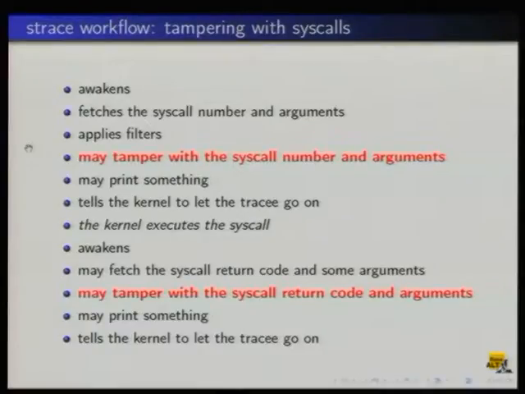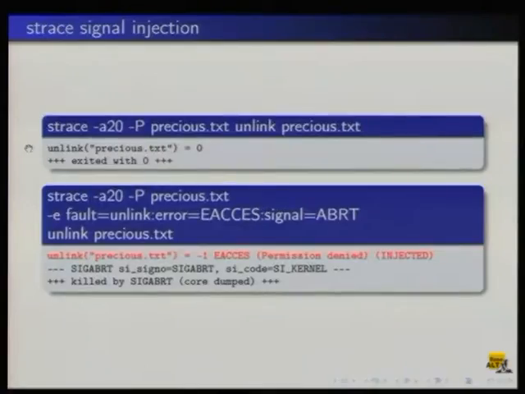As you can see from this slide, strace could do something more than classic fault injection, which is replacing the error code. It could do some fancy stuff. For example, it could inject a signal. I don't have any ideas for real use of this, but some people do. So this is an example of how you would inject a signal right at the exit of a syscall. So you can just dump core and then do with the core whatever, like attach GDB to it.